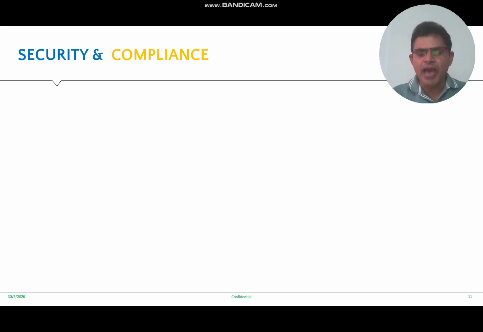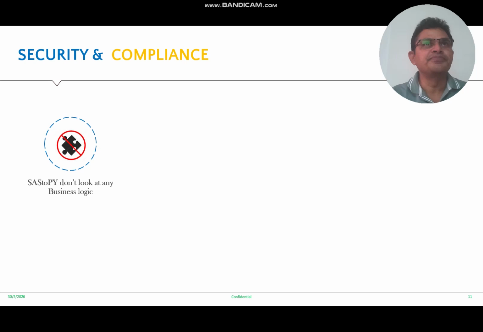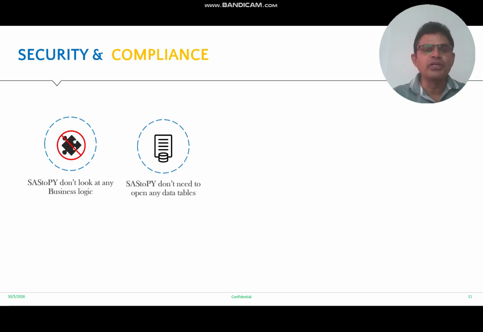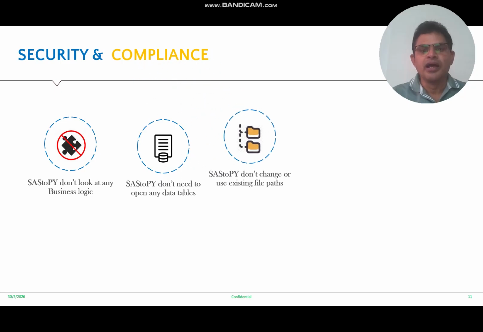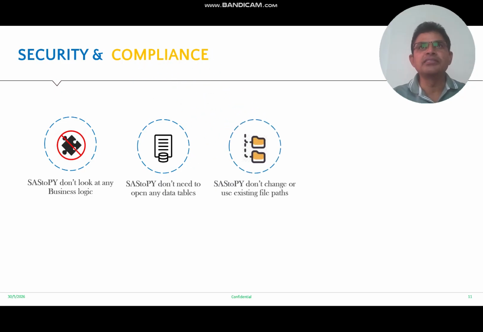Now, what happens to security? See, SAS2Pi doesn't look at any business logic. We don't need to open any business logic in the code. And we don't need to open any tables. So that means your personal data or business data is protected. And we don't look at any paths.